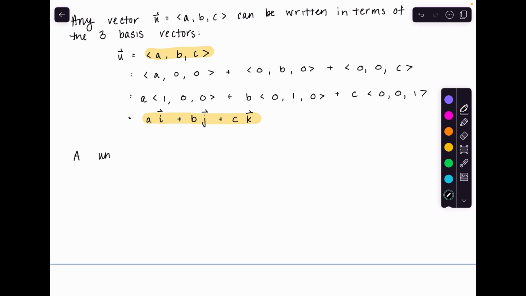So a unit vector is just a vector whose length is 1.